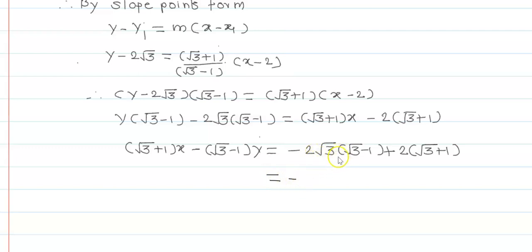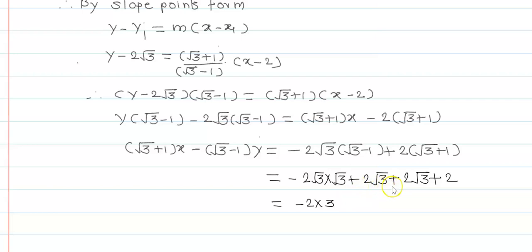Next, multiplication: minus 2 into root 3 gives minus 2 root 3 into this root 3, again minus 2 root 3 into minus 1 will become plus 2 root 3. Next, 2 into 1 is 2, root 3 into root 3 is 3, so 2 root 3 into root 3 is 6.